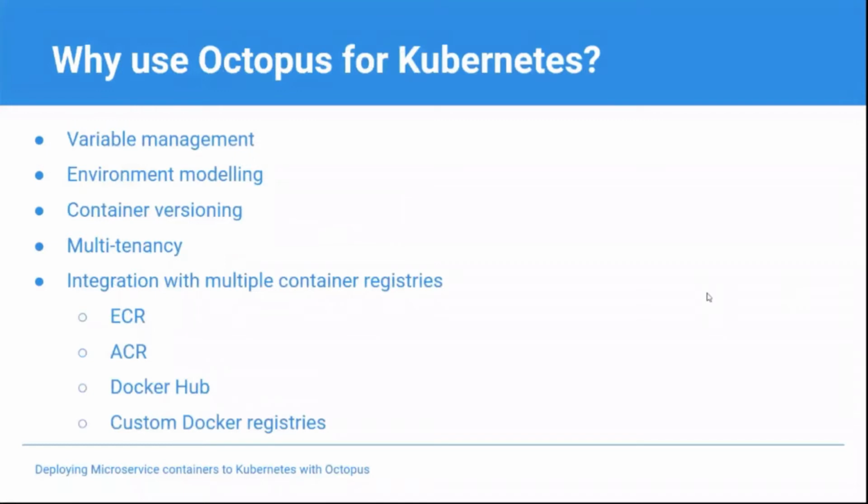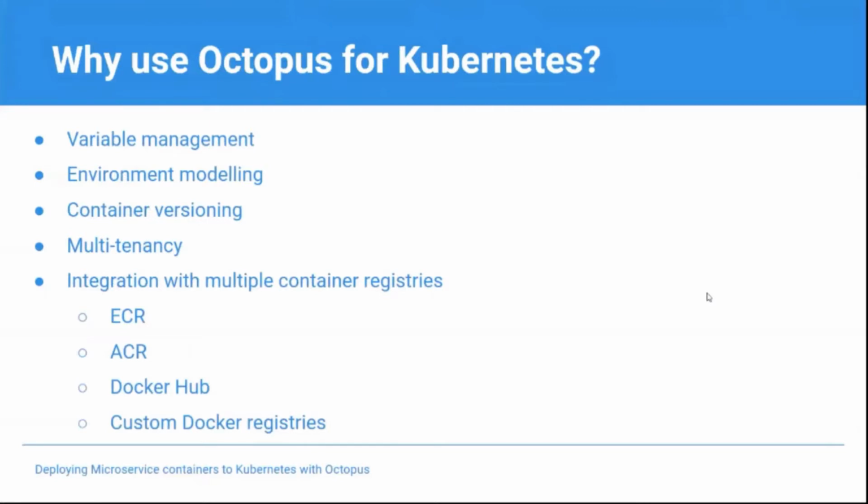So why would you use Octopus for Kubernetes? Well, we use Octopus for Kubernetes, which is really cool. What you've got there is first-class variable management and environment modeling. You've got dev, test, pre-prod, etc. Container versioning is built in. And one of the key things that I like about it is multi-tenancy.